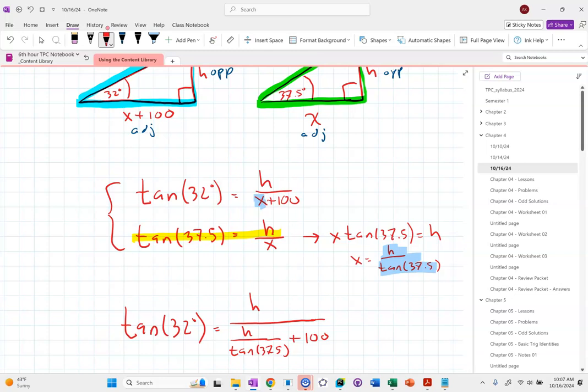What I'm left with is something that looks pretty yucky, right? I have h's in two different places. Everybody see this?